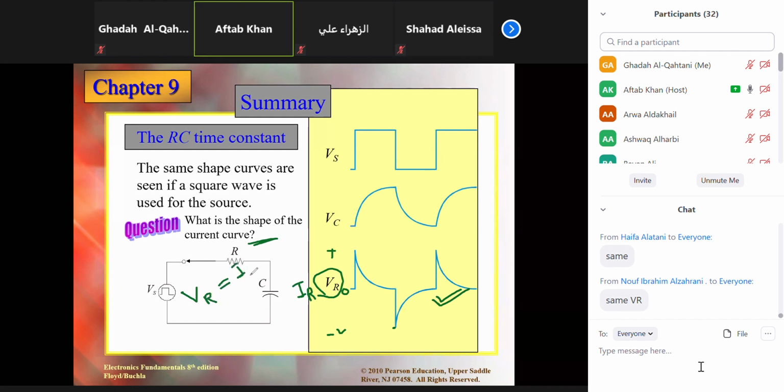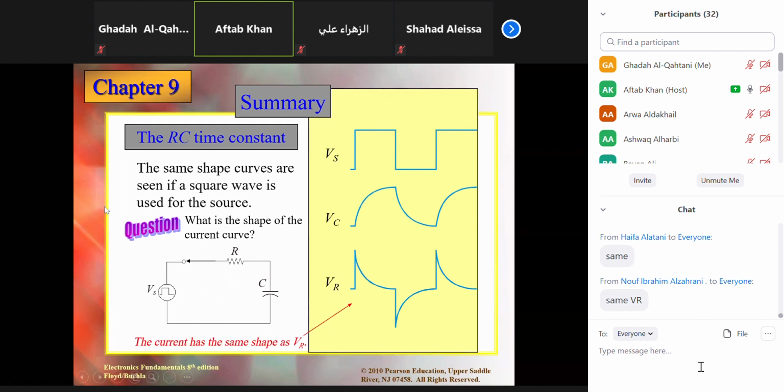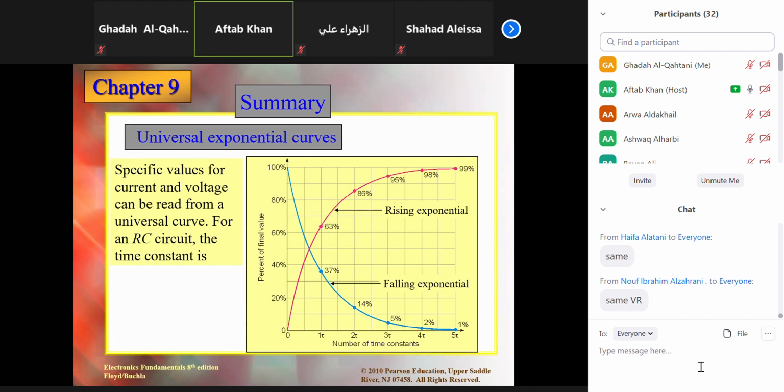And R is just a constant value, which is multiplying the current. So the shape is going to be the same as VR. We can reply to that: the current has the same shape as VR. All right, clear to all of you? Yes. Okay, so this is the RC waveform understanding, and this is the charging and discharging concept.